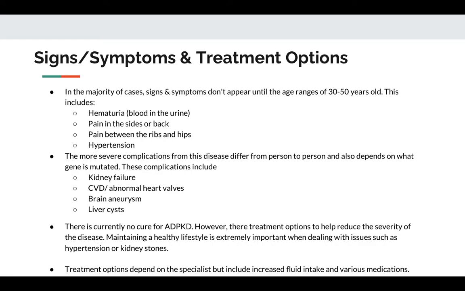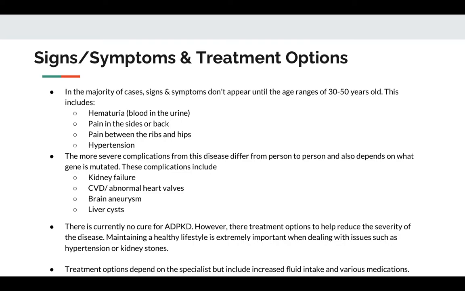There is currently no cure for ADPKD. However, the treatment options can help to reduce the severity of the disease. Simple things such as maintaining a healthy lifestyle, exercise, increased fluid intake, things that you could control that can make you live a better life.